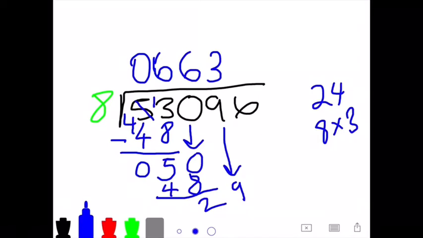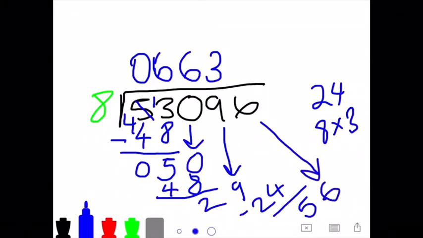Yeah, as I discussed. 29 minus 24, which is remainder 5, and you drag down the 6. Okay, so now you know in the 8 timetable there's 56. So 56 divided by 8 is 7, and the multiple is 8 times 7.